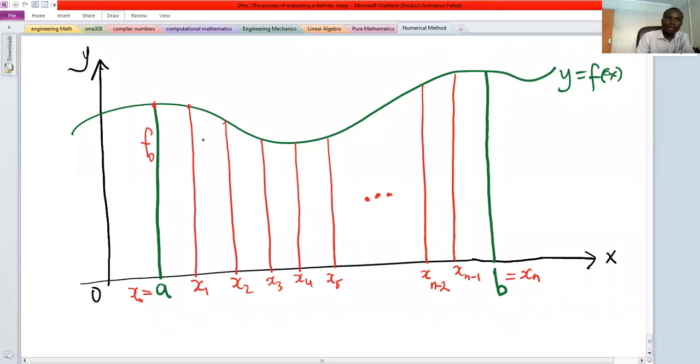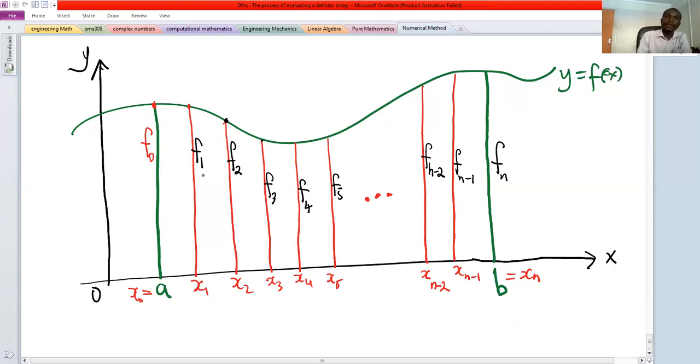So this is f1. The value at this point is f of x2, which can be written as f sub 2. Here is f of x3 or f sub 3, f sub 4, f sub 5, etc. So this is f sub n. This height is f n minus 1. This is f n minus 2.